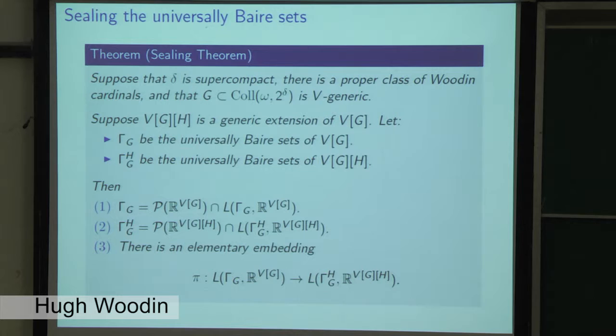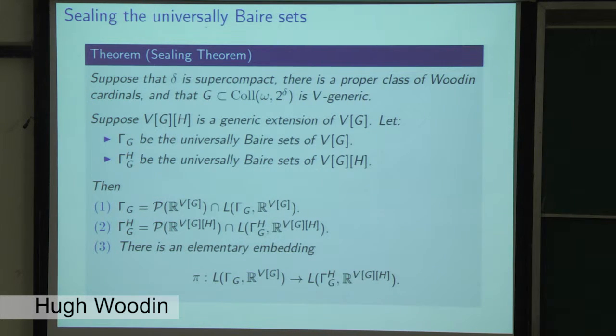So let me remind you of an old result, and why this is an interesting question. The question is, could it be from some large cardinal hypothesis that you just get this outright? That if you construct from the universally bare sets and the reals, you don't get anything that's not universally bare, and you get the ceiling between V and any generic extension of V. Do you have to do this initial collapse if you chose a large cardinal hypothesis?